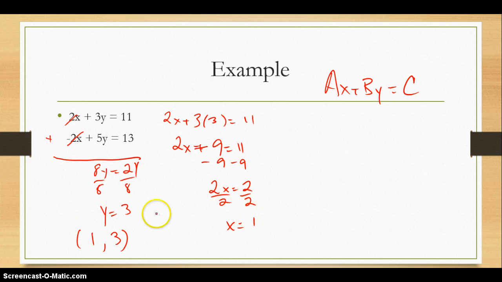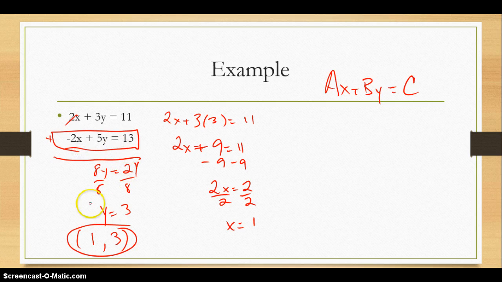Now to check your solution, plug it back into the equation that you did not use to make sure that this makes sense. So I'm going to plug in 1 for x and 3 for y. Negative 2 times 1 is negative 2. 5 times 3 is 15, so negative 2 plus 15 is 13.